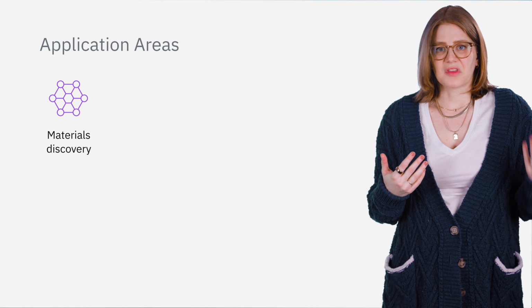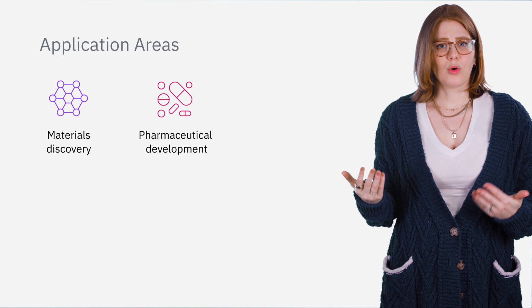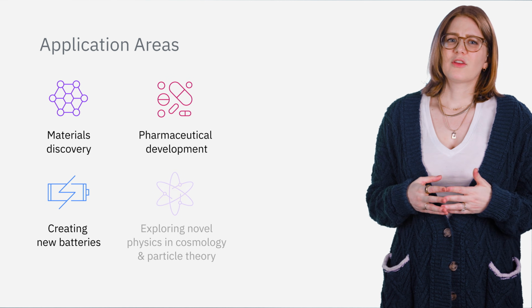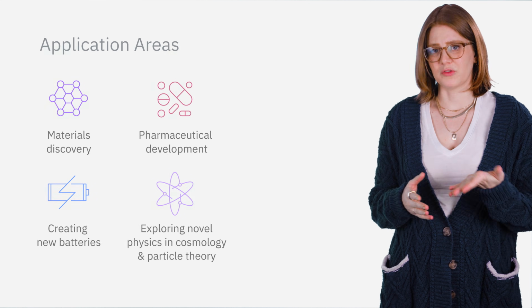And there are lots of reasons to be excited and intrigued by this prospect, because the simulation of nature is the basis for a lot of exciting application areas. Just to name a few, if we could better simulate nature, we could accelerate the discovery of new materials, create better pharmaceuticals and medicine, or even explore new physics underlying particle physics or cosmology.